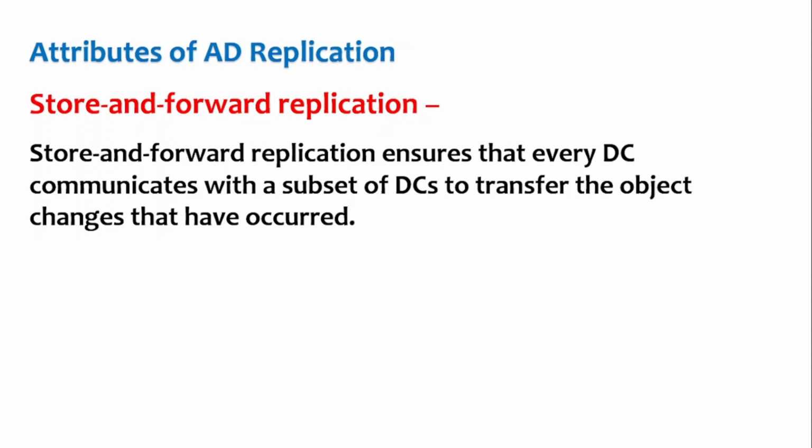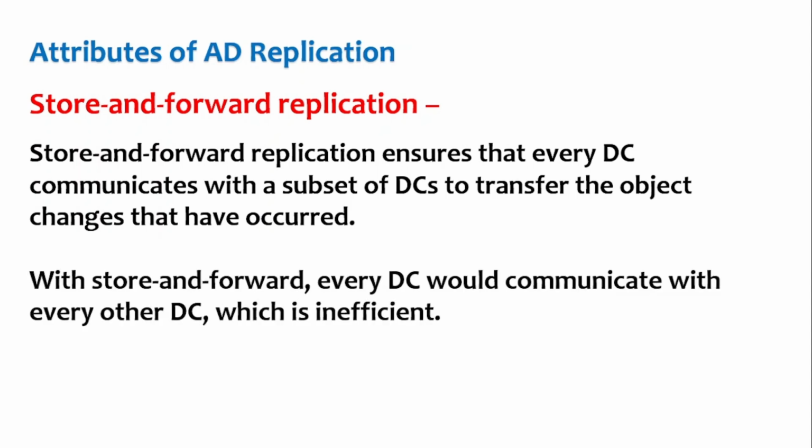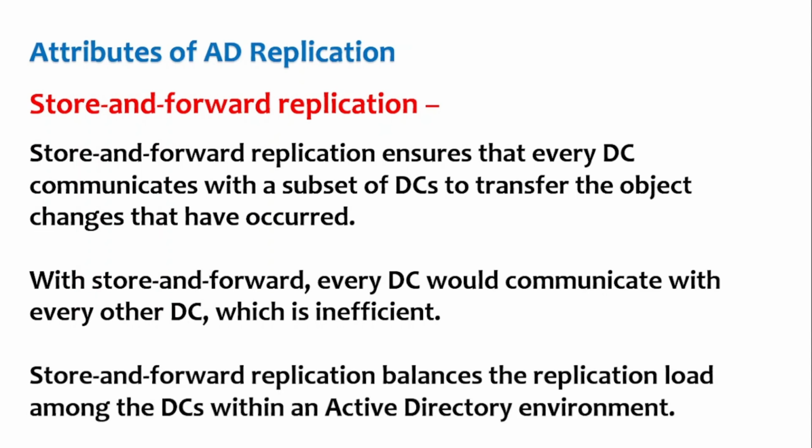So it will store and then it will forward it. Without store and forward, every domain controller would communicate with every other domain controller, which is inefficient. Store and forward replication balances the replication load amongst the domain controllers within an Active Directory environment.